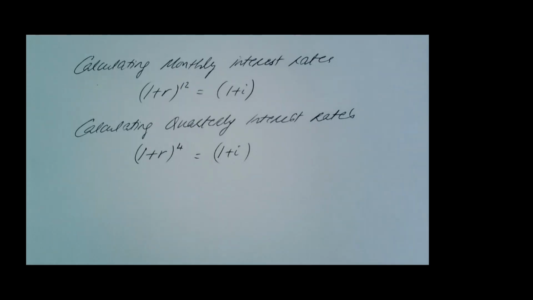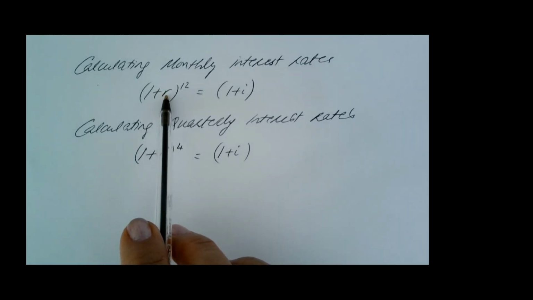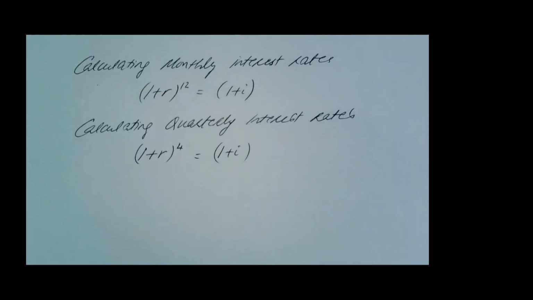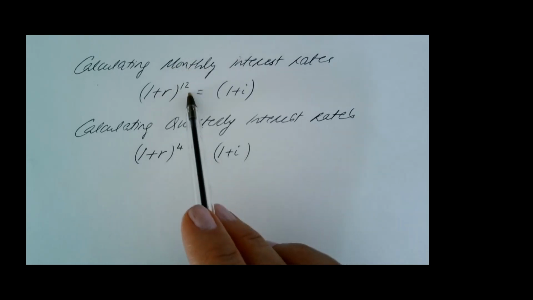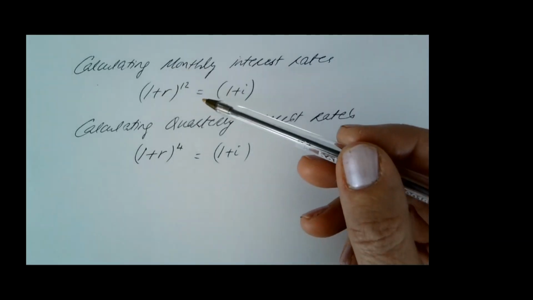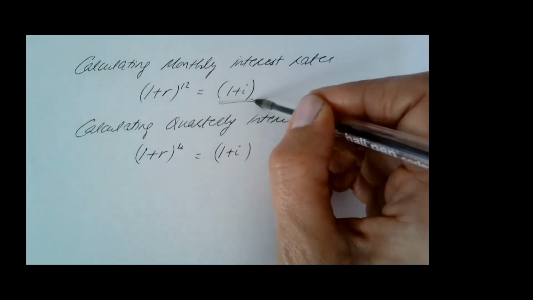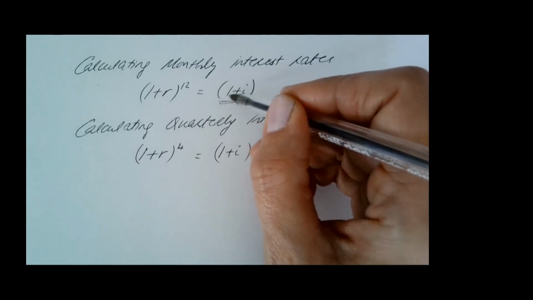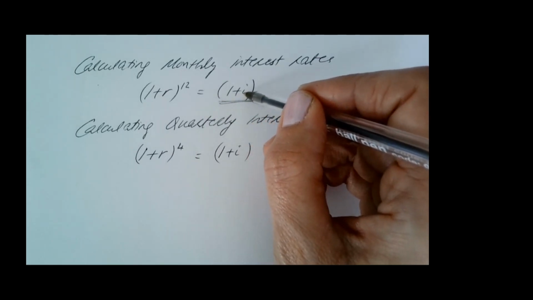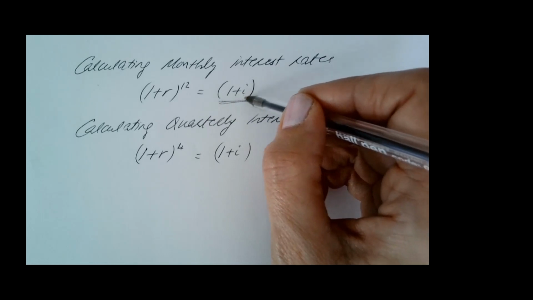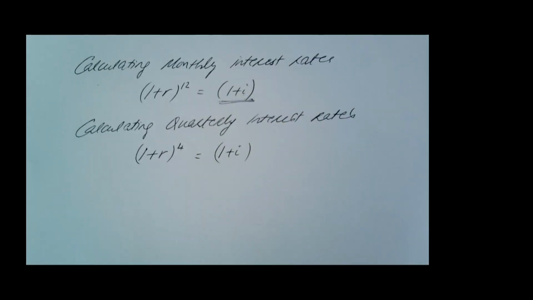So you'll be multiplying by 1 plus the decimal form of your rate once, and again multiplying by 1 plus that rate, and again multiplying by 1 plus that rate, and so on 12 times because there's 12 months in the year. And that is going to equal what your annual rate is, okay? And that's what we'll put in here, 1 plus i, where i, of course, is the decimal form of the rate. Now, I'm going to go through an example so you'll see this in action in a second.